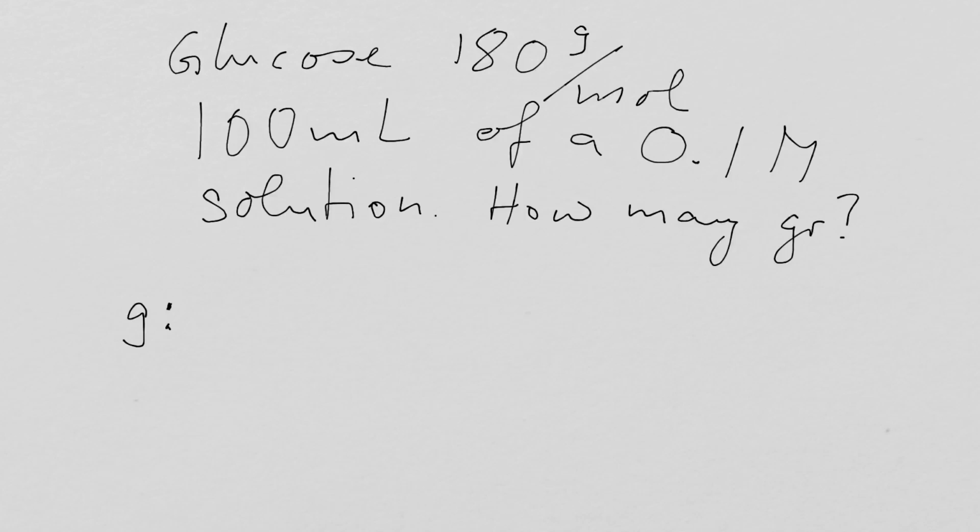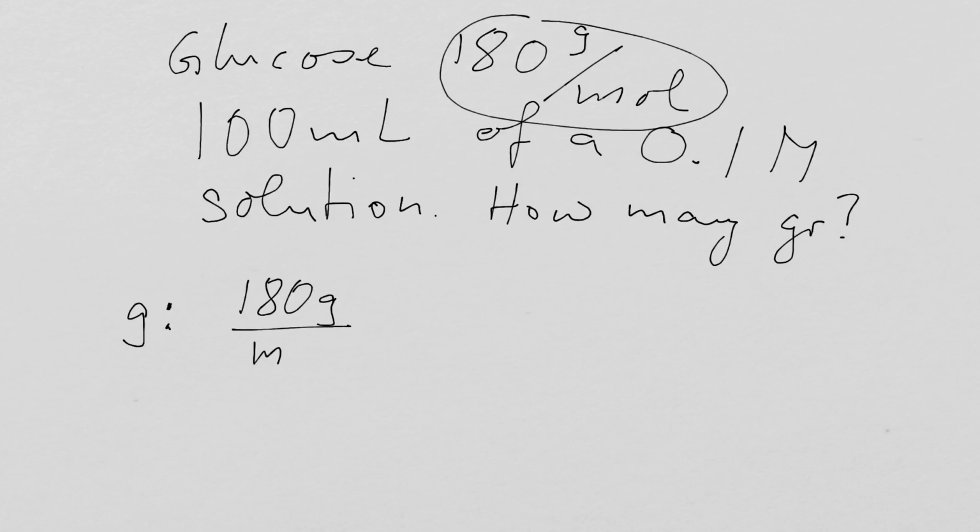Where? 180 grams per mole. So the grams are in the right position. Lovely. Just have to get rid of the mole. Do we have mole anywhere? Where's the mole? We have it here.